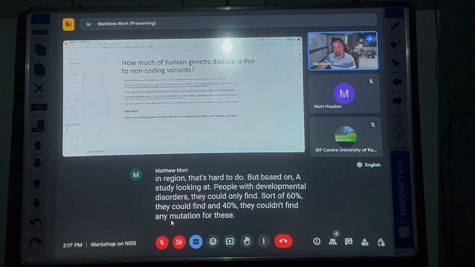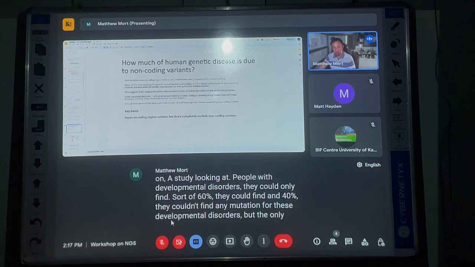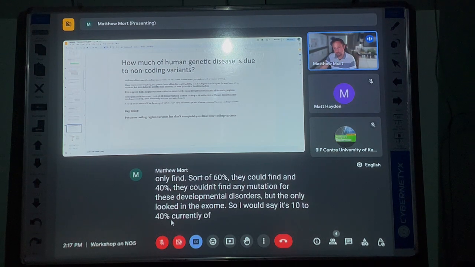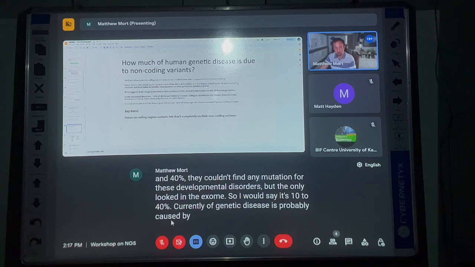They only looked in the exome. So I would say 10 to 40% of genetic disease is probably caused by non-coding variants, but that's just an estimate.